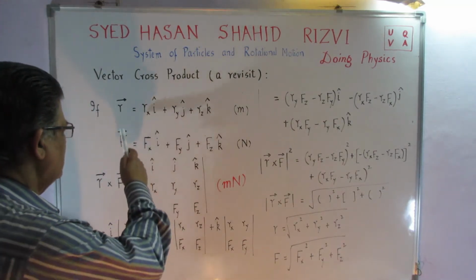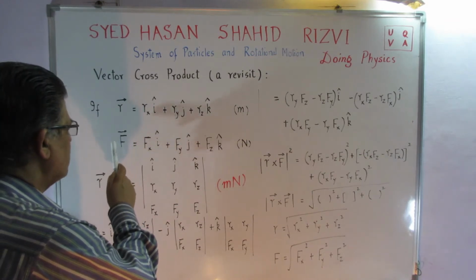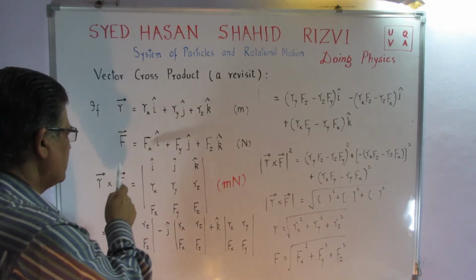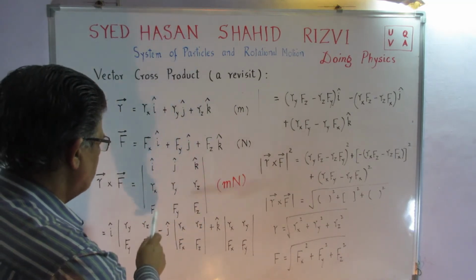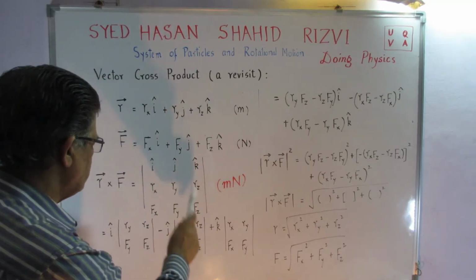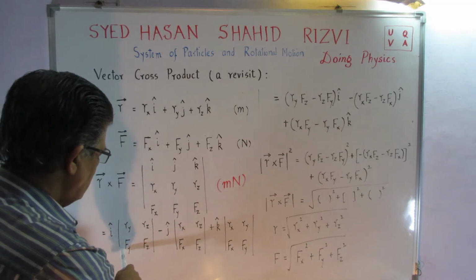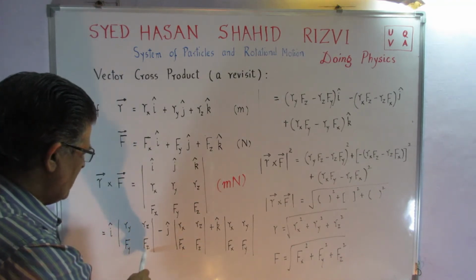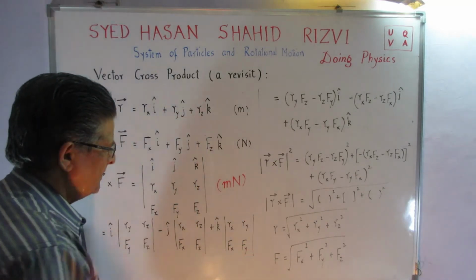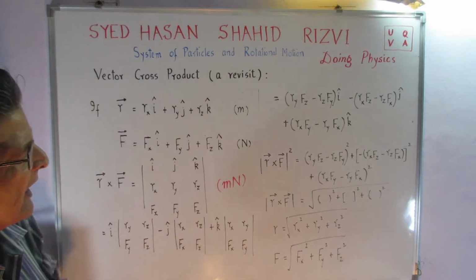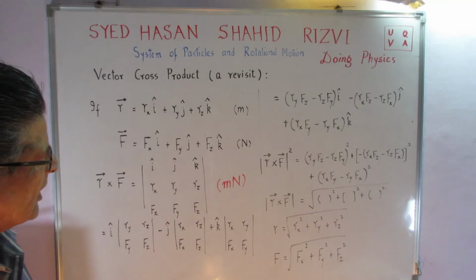I could have taken here the vector P, with Px, Py, Pz, and Fx, Fy, Fz, and similar results I could obtain.